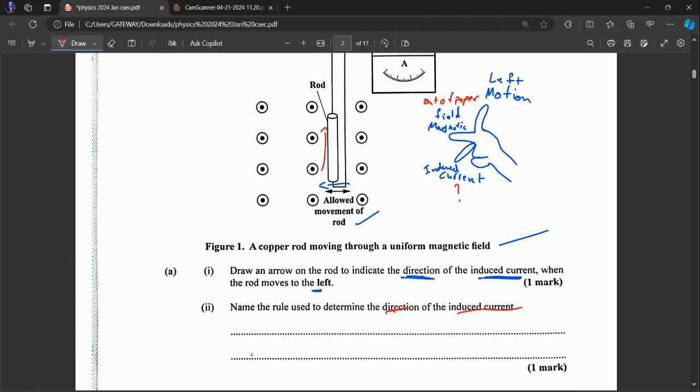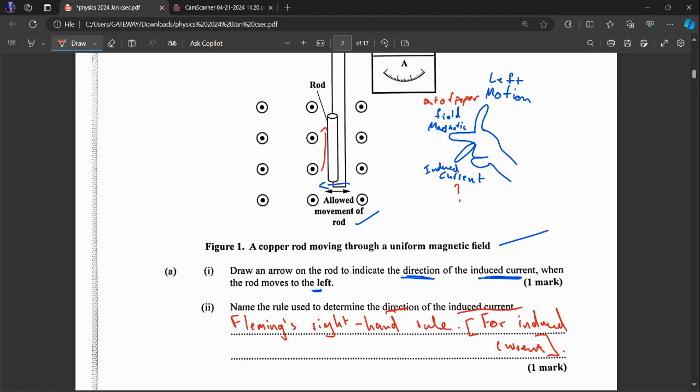I just said it: Fleming's right-hand rule. This is used for induced current.